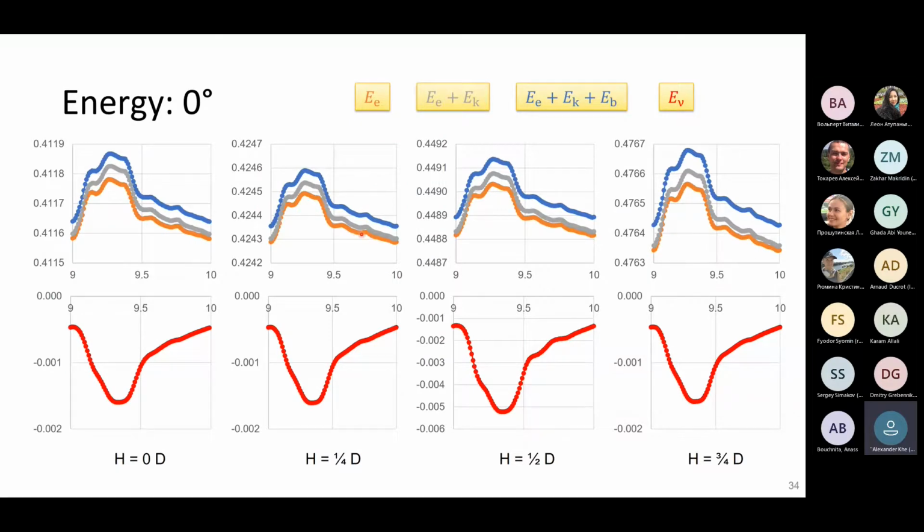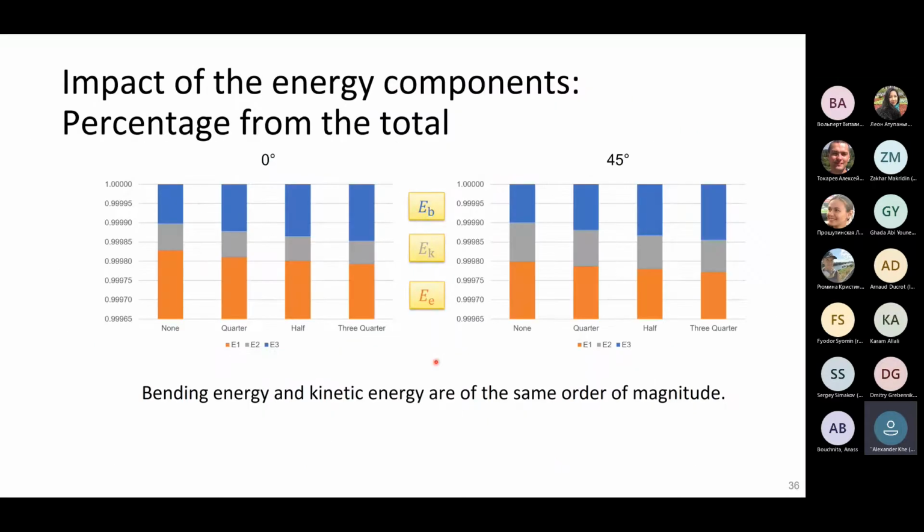the sum of different terms. That is, in orange, it's just the elastic energy, and then we added kinetic energy, and finally the bending energy of the system. As you can see, the kinetic energy and bending energy are almost of the same order of magnitude, which is more easily seen on these diagrams.